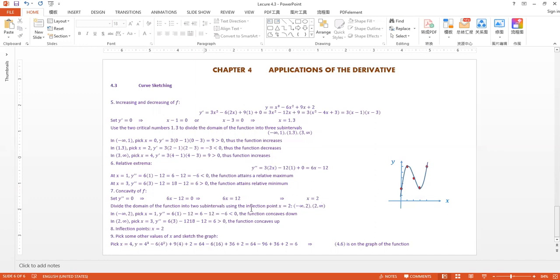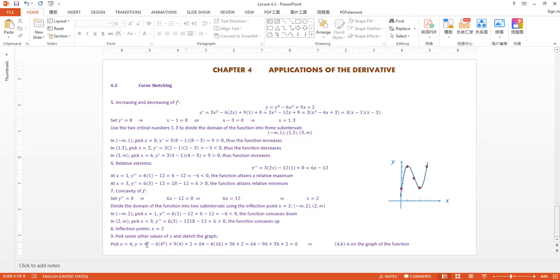Concavity: from negative infinity to 2, the curve concaves down. From 2 to infinity, the curve concaves up. So the concavity changes, and the inflection point is at x equal to 2 here.